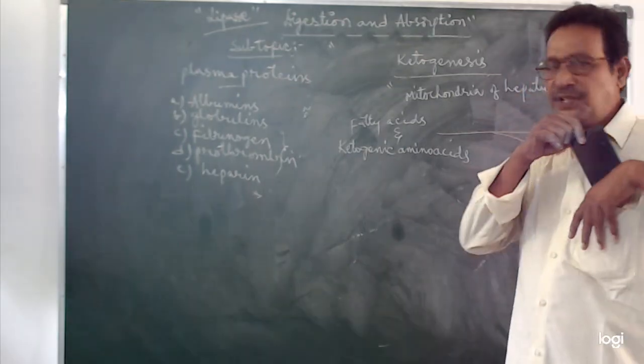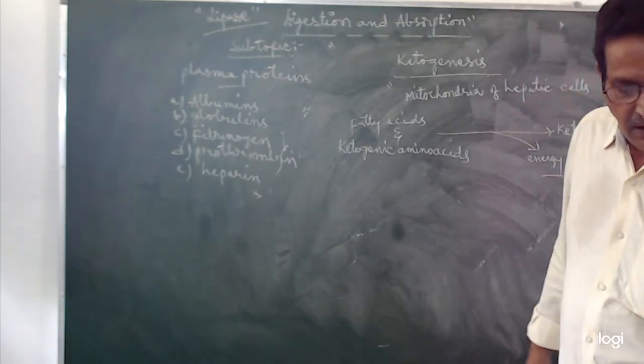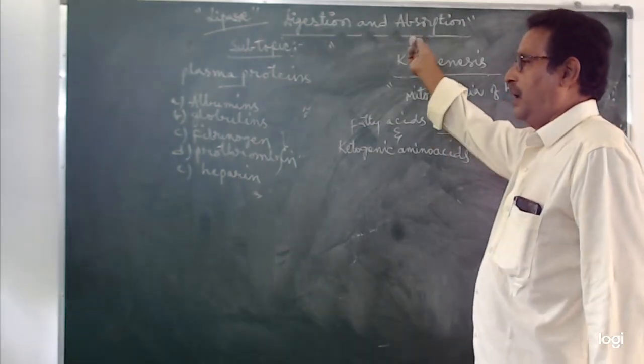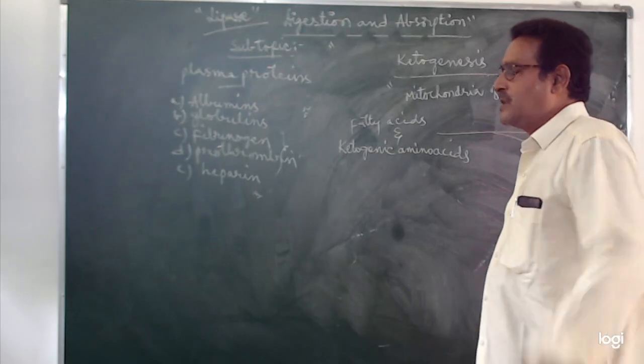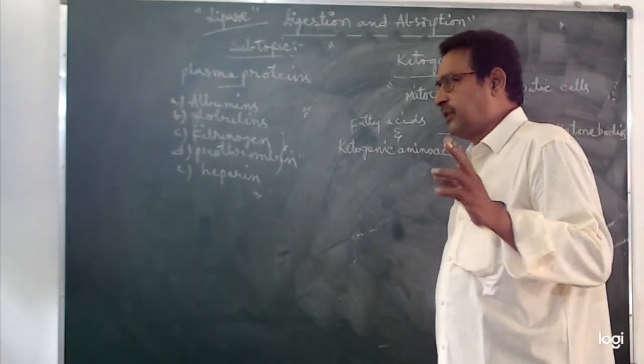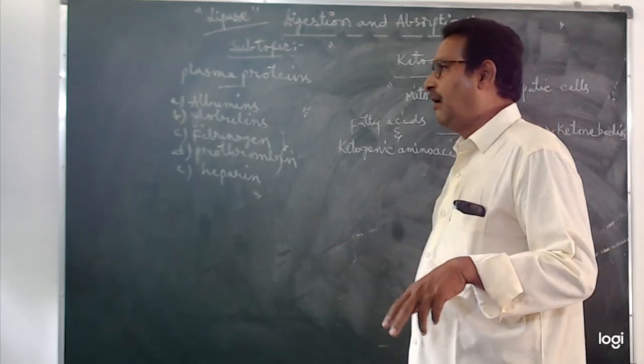Okay, with this we completed two digestive glands. First one is salivary glands. Second one is liver.